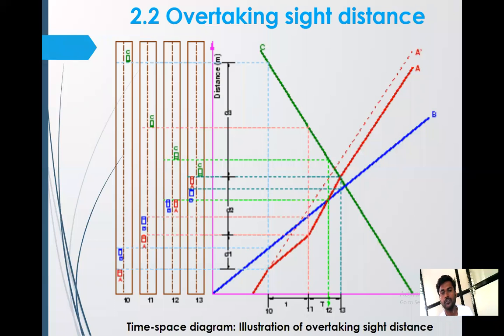Here we have shown the different vehicles by different colors so that we can easily understand in how much time, how much distance will be covered by the particular vehicle, for vehicle A as well as vehicle B as well as for vehicle C. How much distance that vehicle can cover in that particular stipulated time, that we have clearly seen by using this diagram called time space diagram.